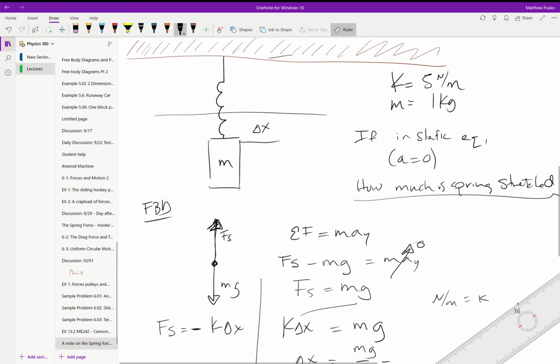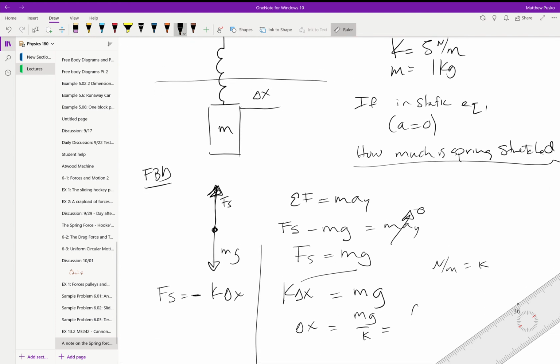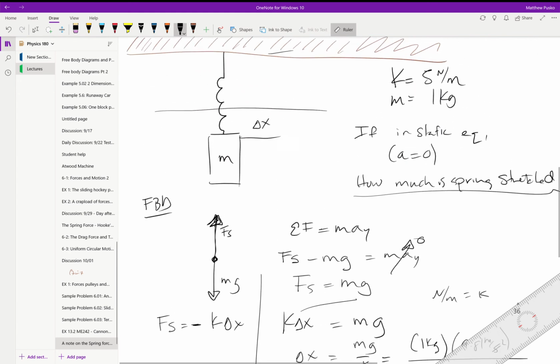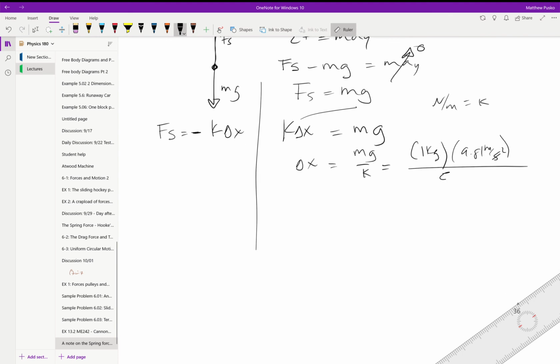The mass was 1 kilogram. The acceleration due to gravity is 9.81 meters per second squared. And k was given as 5 newtons per meter. So there we can calculate delta x. That's how much it is stretched if it was in equilibrium.